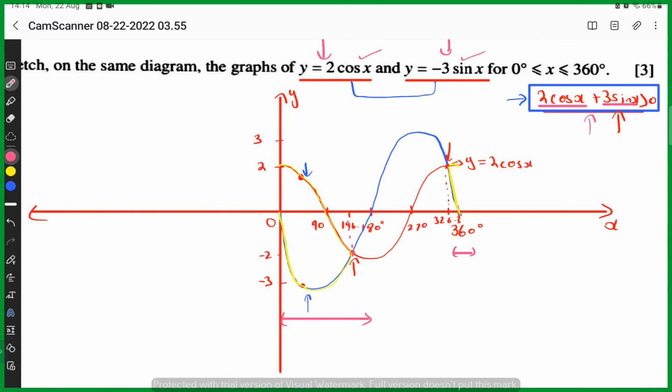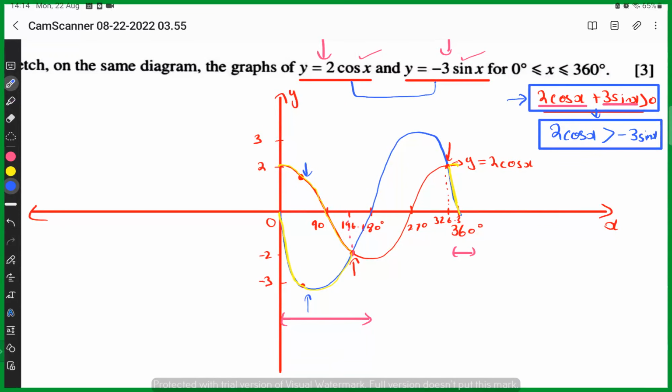You can just think about the graph of 3 sin x and then do it, or what you can do, if you don't want to make too many graphs, is 2 cos x greater than minus 3 sin x. Just focus on this part. I've made this out of the previous inequality, and what exactly does it say? 2 cos x is greater than minus 3 sin x.